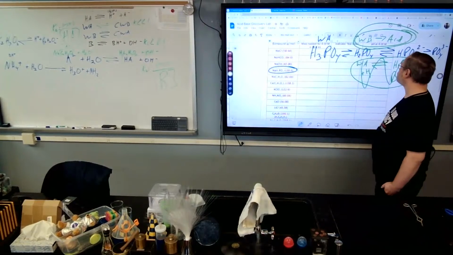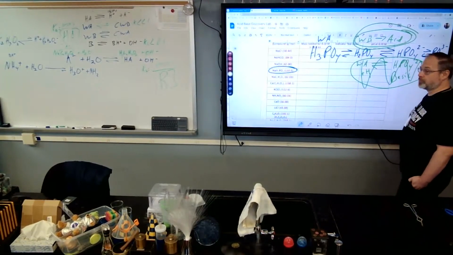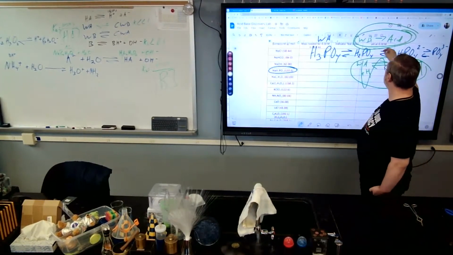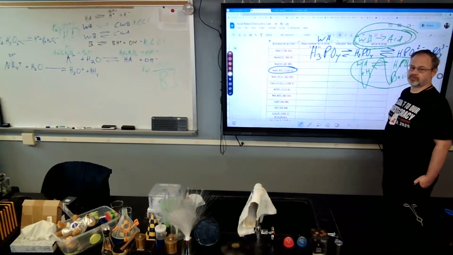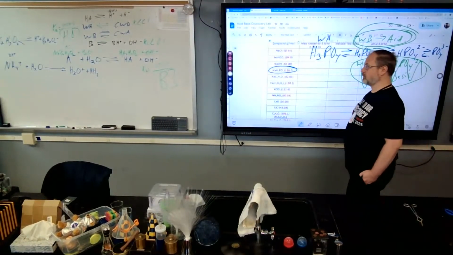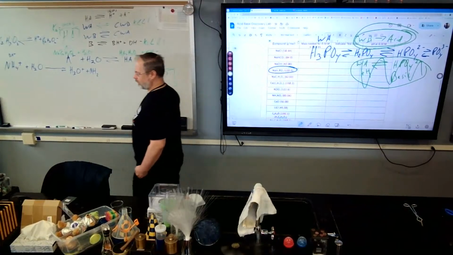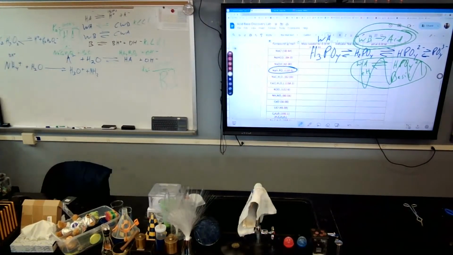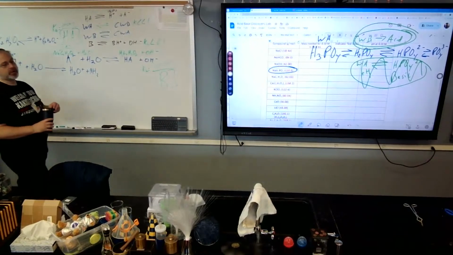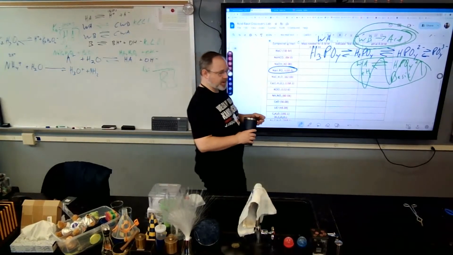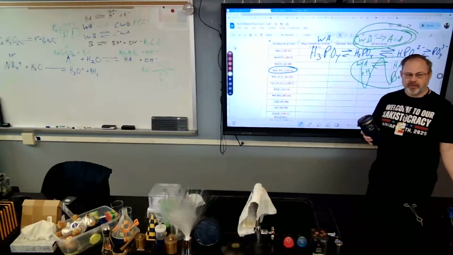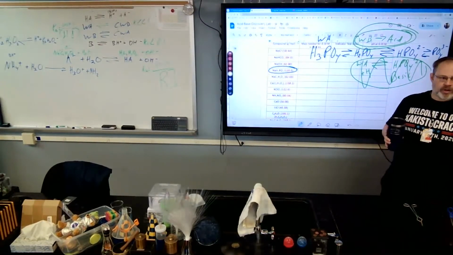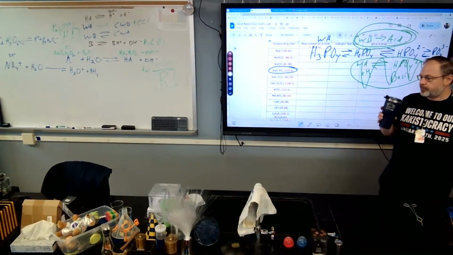So the H2PO4- took the proton to form the H3PO4. We're going to start attaching numbers to this concept tomorrow. We're going to look at actual numbers of Ka and Kb, and then talk about which of these weak acids is more robust, which of these weak bases is more robust.